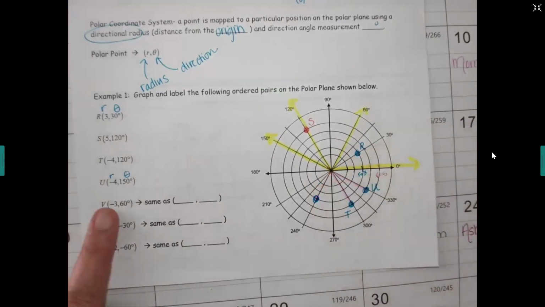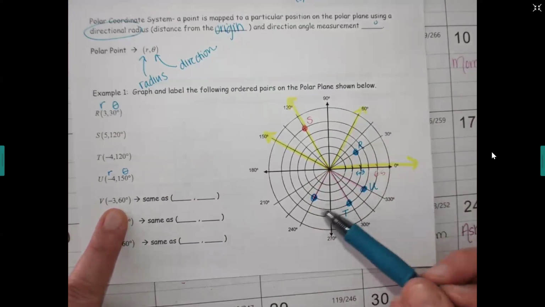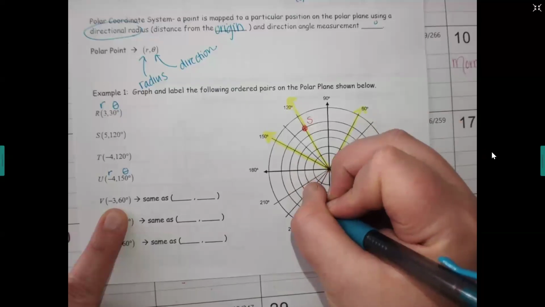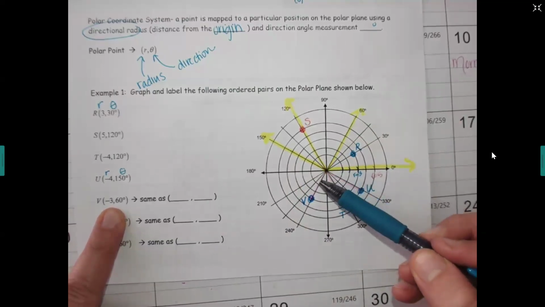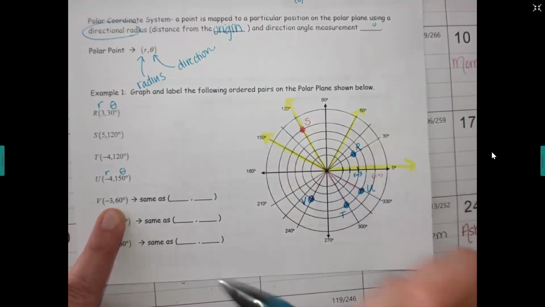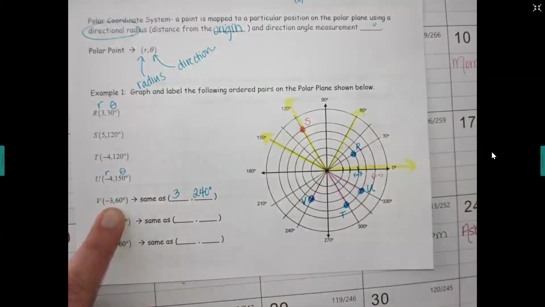Now it says, what is that point the same as if I use a positive radius? Well, this point right here, which is V, could also be mapped using a positive radius as long as I adjust my degrees. So if I want my ring to be the positive third ring, then it would be the same as me counting towards 240 degrees.